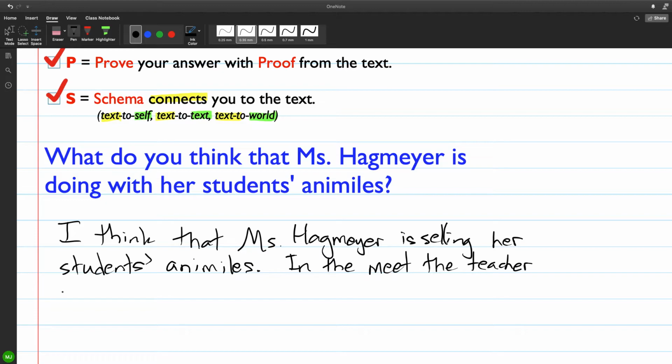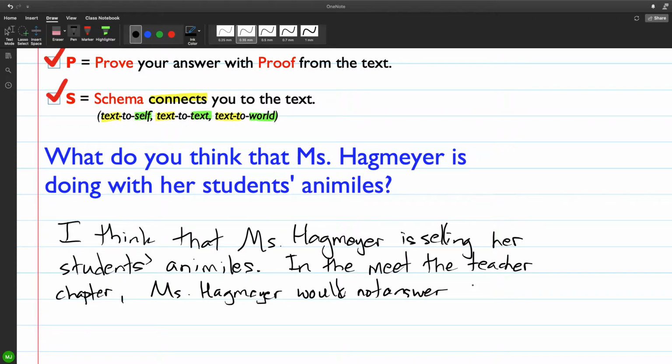In the Meet the Teacher chapter, Miss Hagmeyer would not answer the parents' questions about what she was doing with the animals.